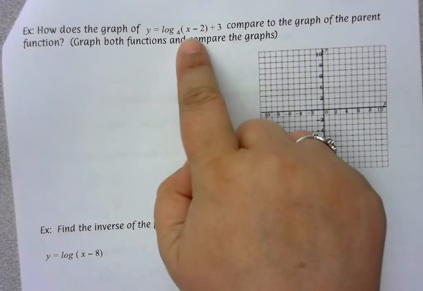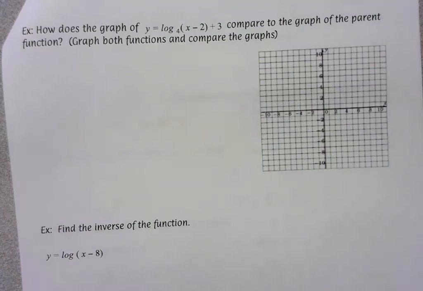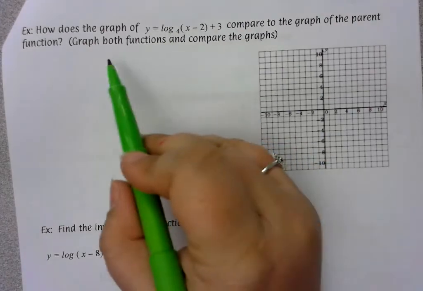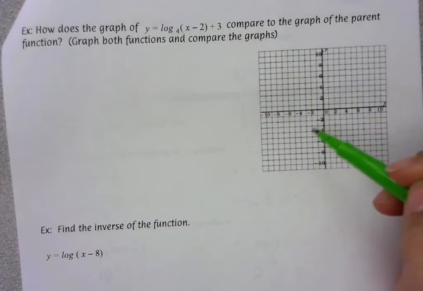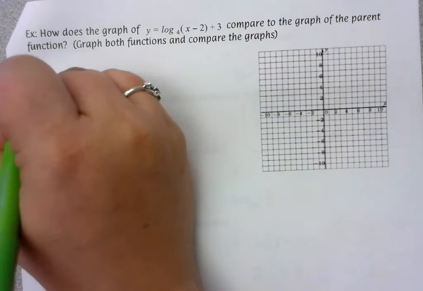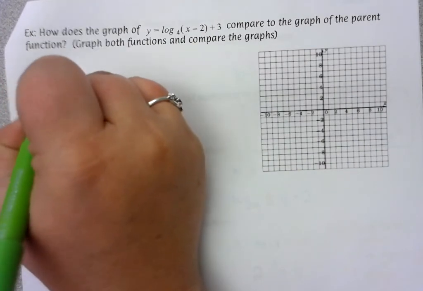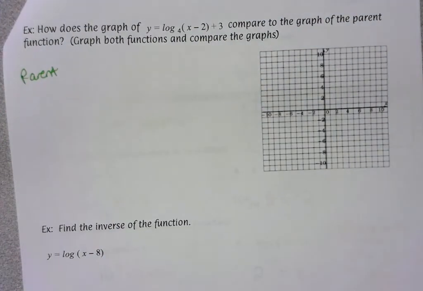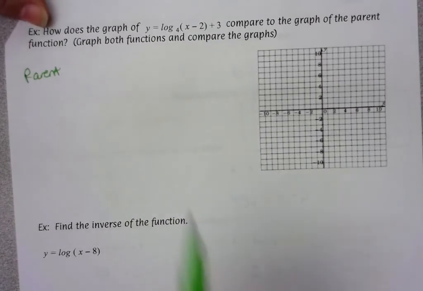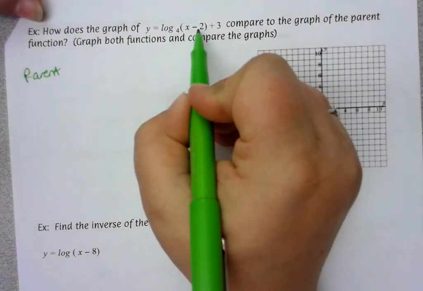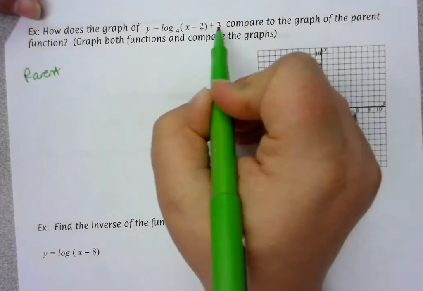So let's try that. Okay, we have this graph. Y equals log base 4 of x minus 2 plus 3. I want to compare it to the parent graph, and then I'm going to graph both on this graph. Okay, so my parent graph would be a graph that does not have any shifts, and I see a shift of -2 and +3.